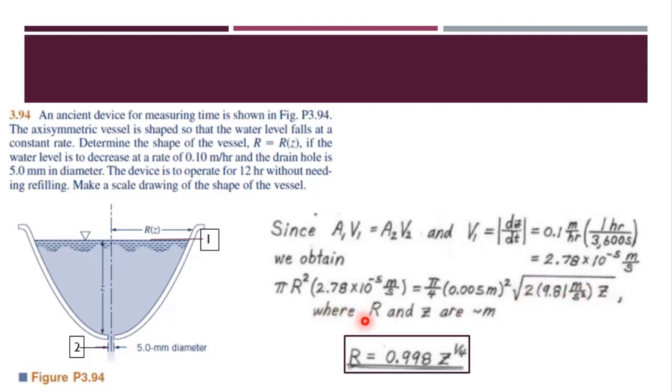And r and z both in this equation are in meters, and with this we have a function: r is equal to 0.9980 raised to the power 1 by 4. So this was the required function that we needed. We needed to determine r as a function of this height z, and we have calculated that.